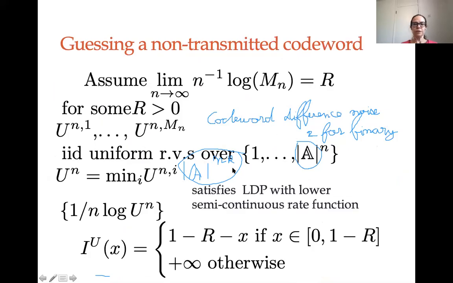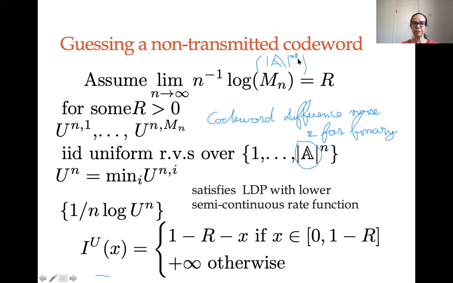So if we consider what's happening here, this log mn is actually the log of A to the nR.